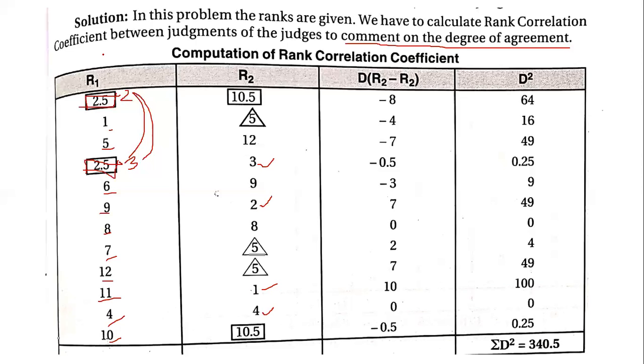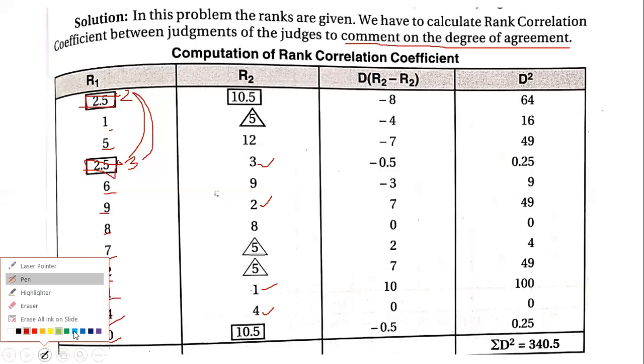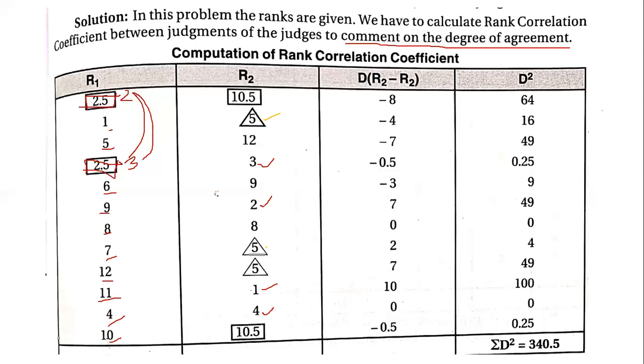Now coming to fifth rank, you have 3 numbers which say it is 5. Correct? 1, 2 and 3. So we are giving a different shape of a triangle for this repeated number. So 5 is repeated 3 times, 5, 5 and 5. Clear?